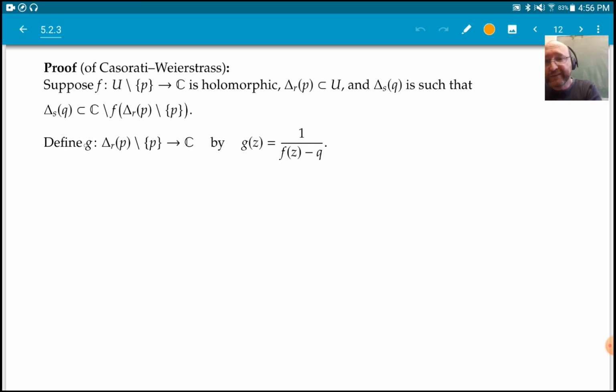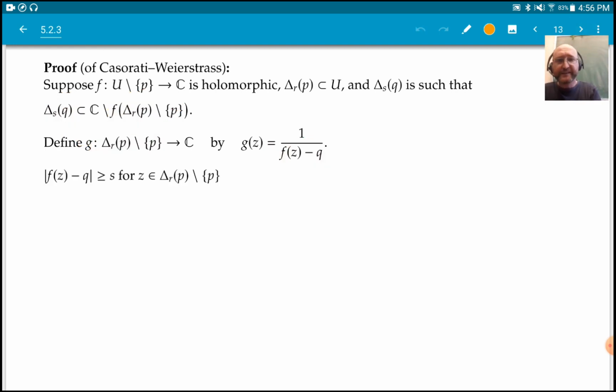Now let's define this function g on this punctured neighborhood, right? By taking 1 over f of z minus q. Now, f of z is never q, right? Because the disk around q is actually in the complement of the image. It's even more.